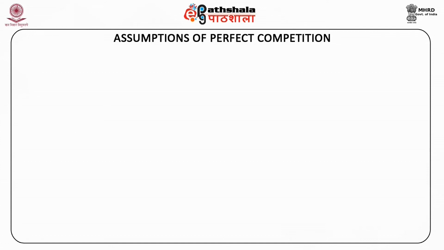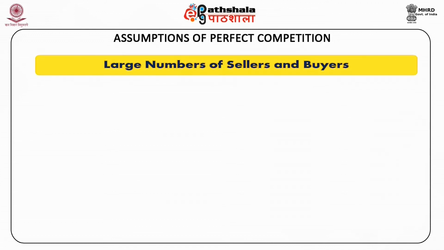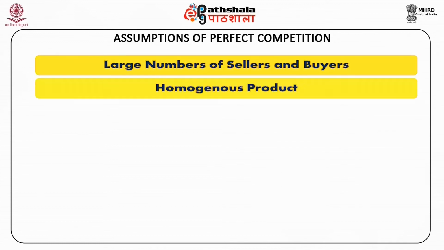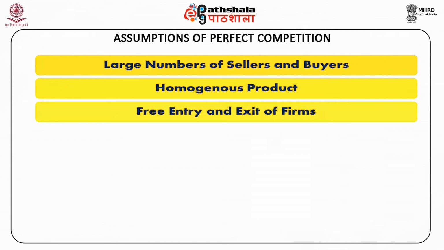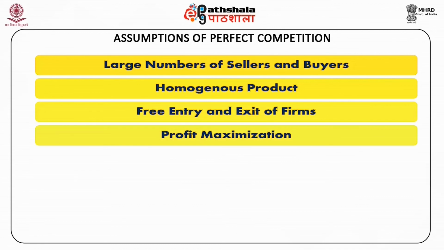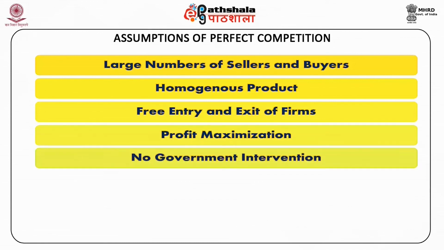The main assumptions of this type of market structure are large number of sellers and buyers, homogeneous product, free entry and exit of firms, profit maximization, and no government intervention.